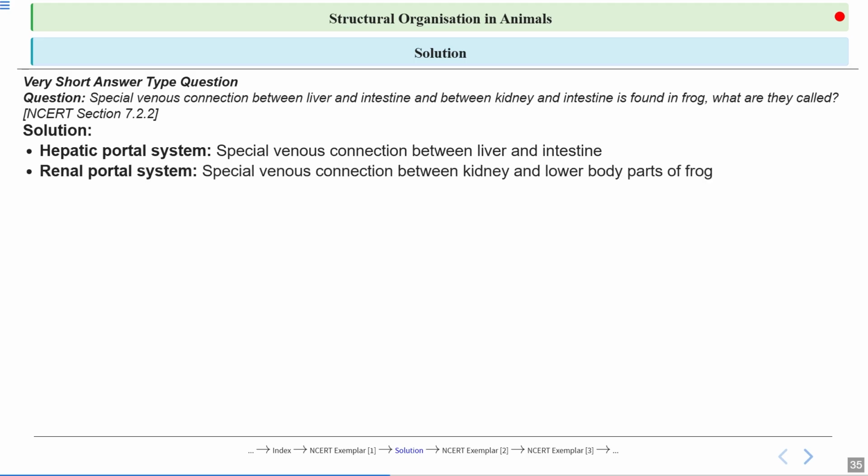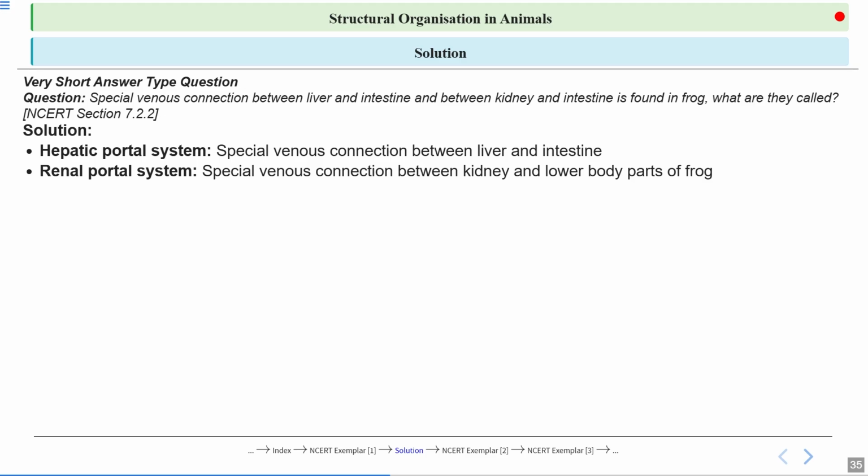Another type of portal system is called the renal portal system. This is a special venous connection between the kidney and the lower body parts of a frog. From the lower body parts of the frog, many veins come and unite together and form a vein called the renal portal vein, and that forms a venous connection.